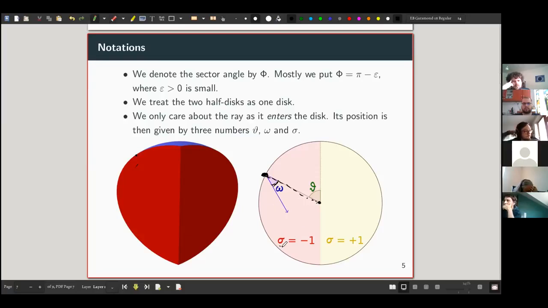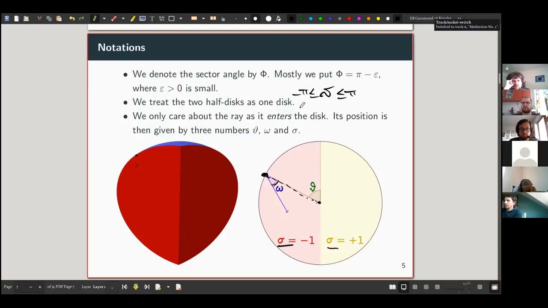And finally, we have this sigma here, and that's more or less just a technical thing. Instead of theta being from minus pi to plus pi, it's just nicer if we divide it into 2 things, a theta that goes from 0 to pi, and the sigma that just holds the sign.